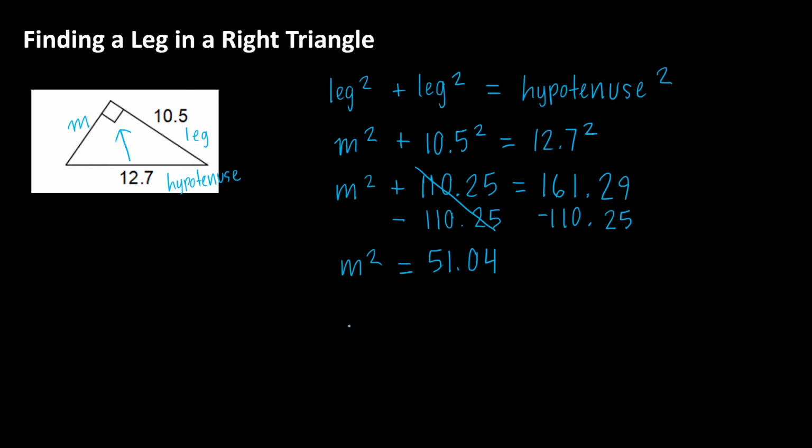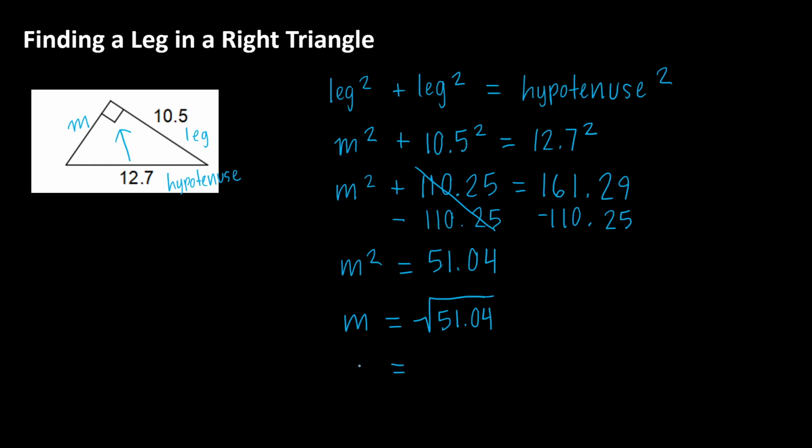So from here, just like the previous problem, the inverse operation of squaring something is taking the square root. So m equals the square root of 51.04. When you take the square root of something, you're asking what number times itself is equal to the number inside the radical. So in this case, what number times itself equals 51.04?